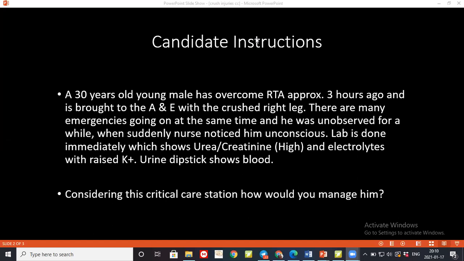Can you explain, one last question, what is the mechanism behind causing acute renal failure in a patient with compartment syndrome? The mechanism follows rhabdomyolysis, that is, the release of intracellular contents into the blood.